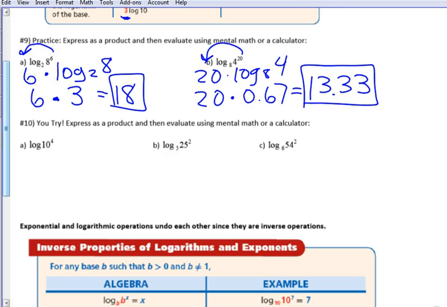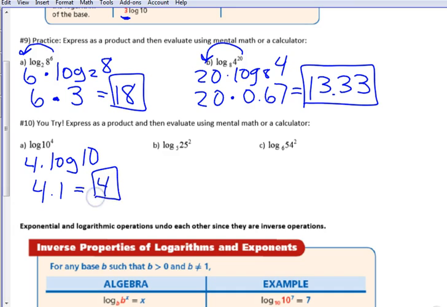What was the first thing you did with A? Brought my 4 down to the front. Good. To 4 times log of 10. How did you simplify log of 10? What is it equivalent to? To 1. Good. So you have 4 times 1, which is equal to 4.